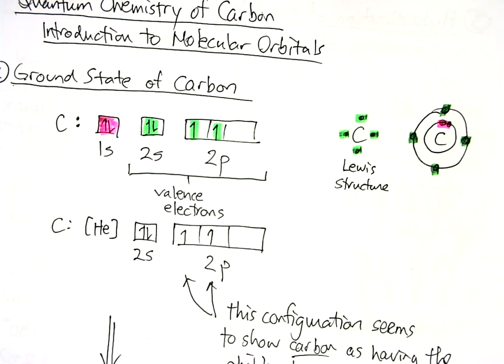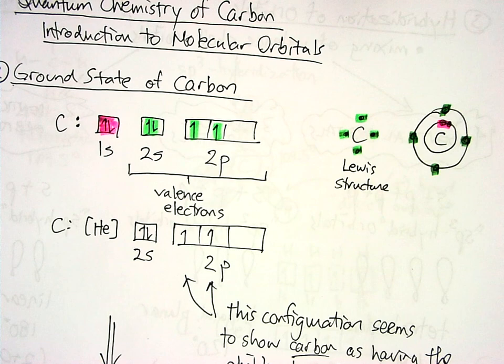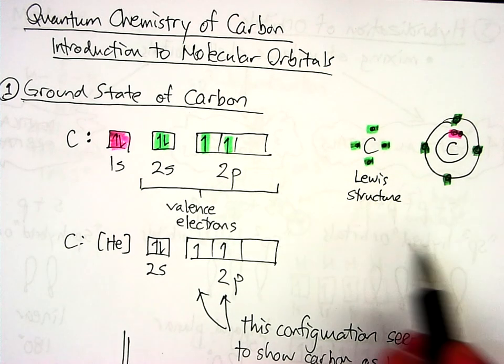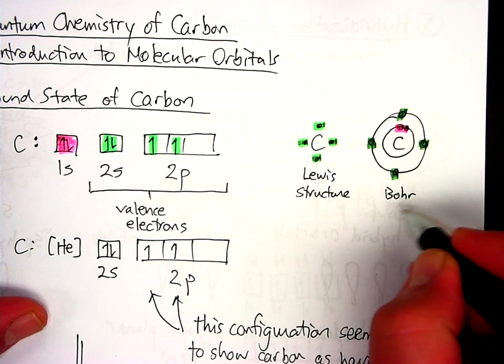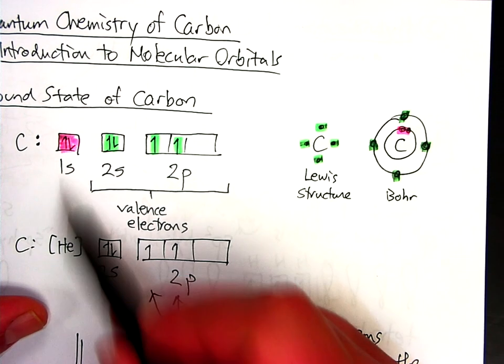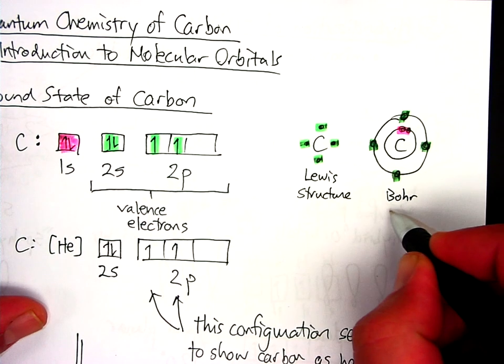By looking at the electron configurations, we get a little bit more complete and accurate version of where the electrons are found. We know that in the first energy level in the Bohr model, electrons are found in a 3-dimensional space known as the 1s orbital.